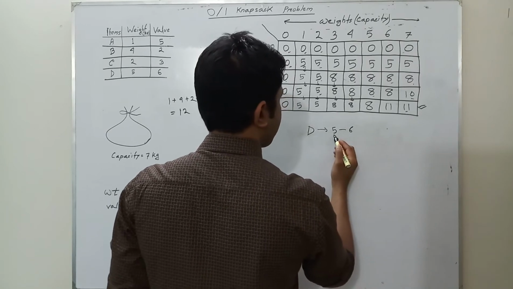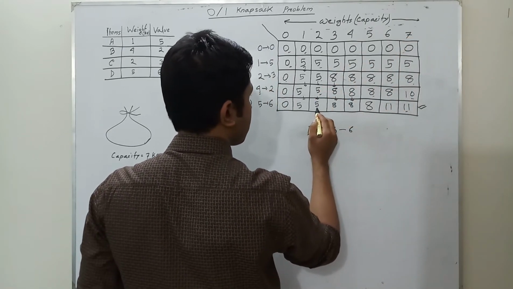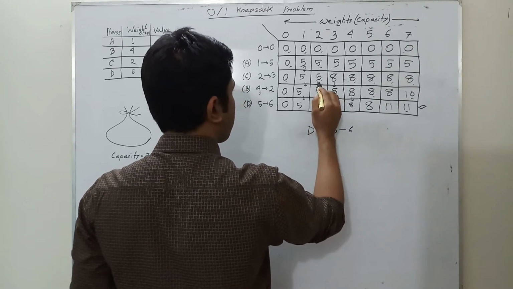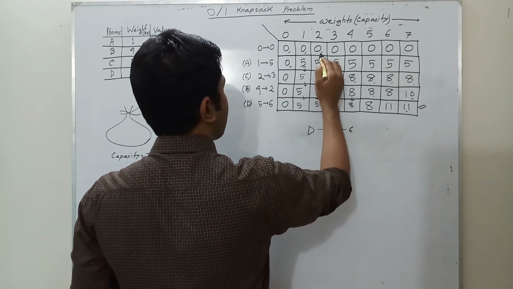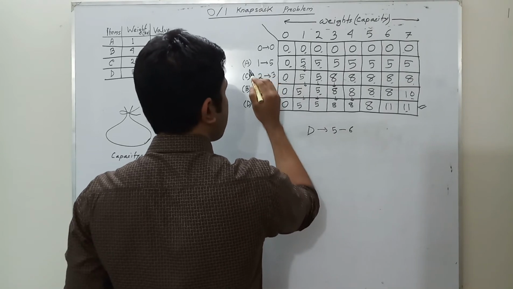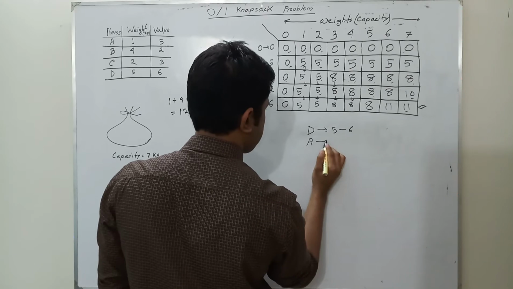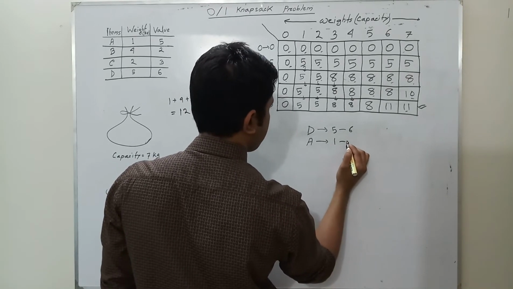And after using the size 5, 7 minus 5 is 2, this will be here, 5 point here. This 5 has come from the upper row, and this 5 also come from the upper row. This 5 didn't come from the upper row, so this 5 I have used from the value here. So I have used the item A, weight 1 and the value is 5.